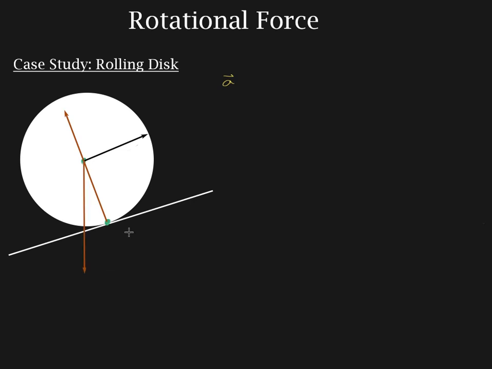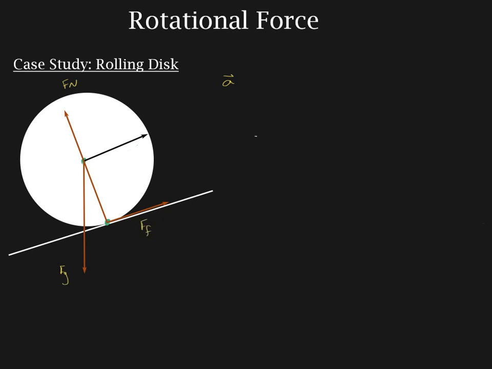And then we have the friction force, which originates at the point of contact and points parallel to and up the ramp. So these are the 3 forces which are acting on the disk. So this becomes the normal force, force of gravity, and the friction force.